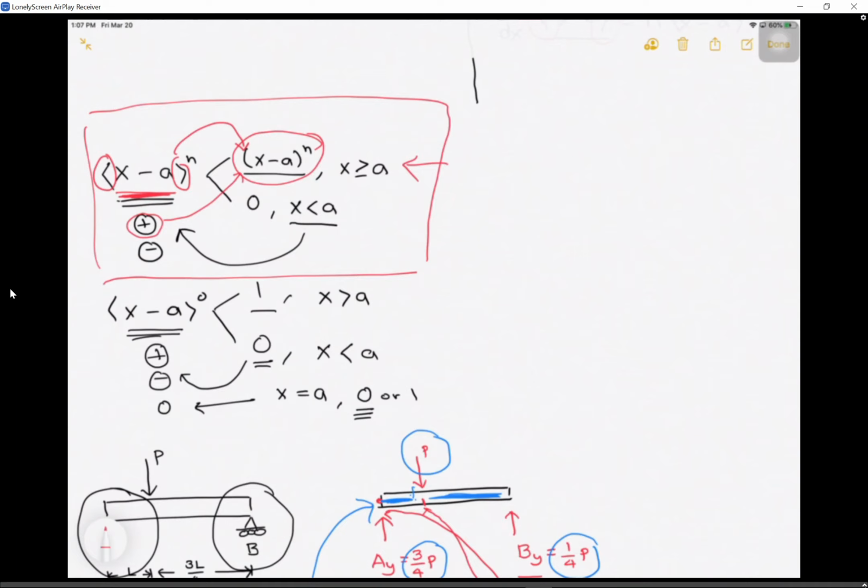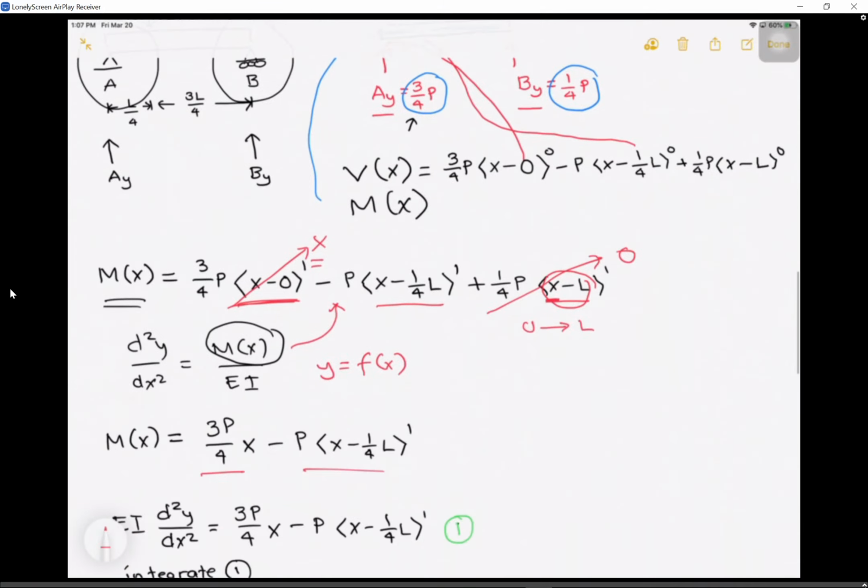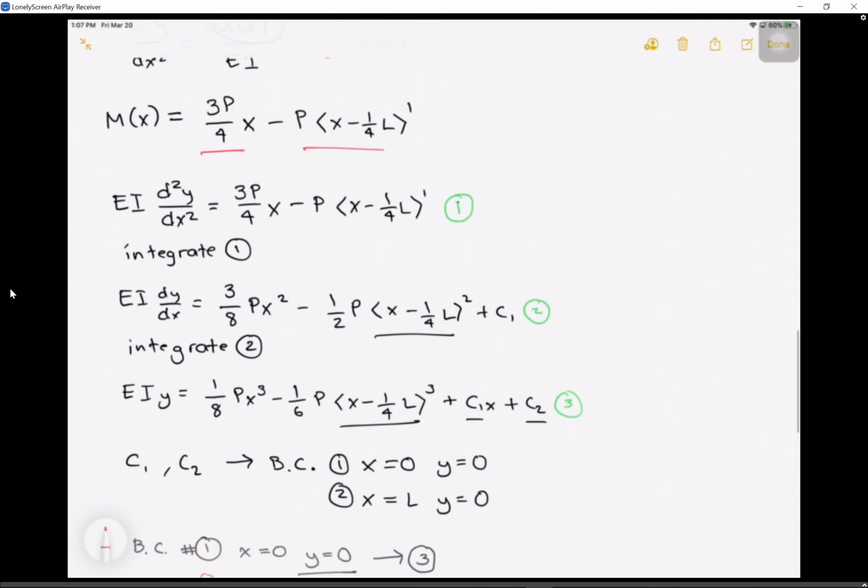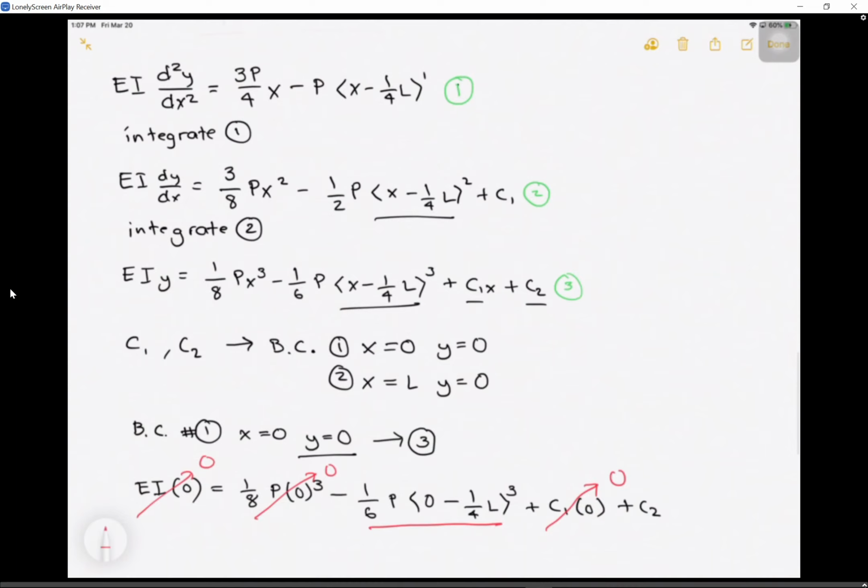If x minus a is a negative number, we assume a 0 value for our singularity function. Now let's look at our number. For this singularity function, it's a negative number, which means everything right here becomes 0.